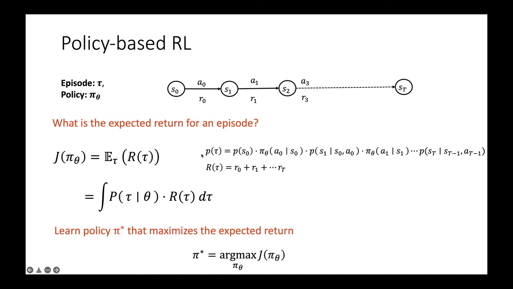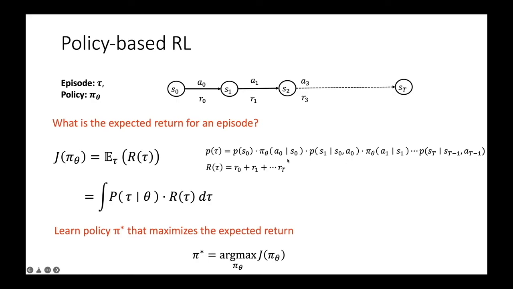Let's take a look at the terms involved here. This expectation we can break down into two terms: the quantity and the probability of that. The probability term might look daunting, but it's a very simple explanation. You start with a probability of S0, and then you take an action which is given by the policy, and then you have a state transition, which is given by the environment.